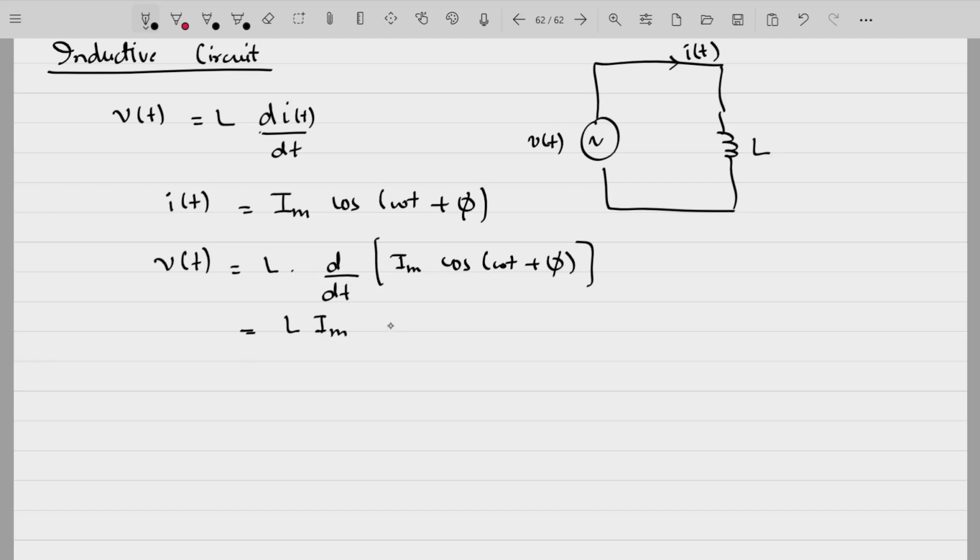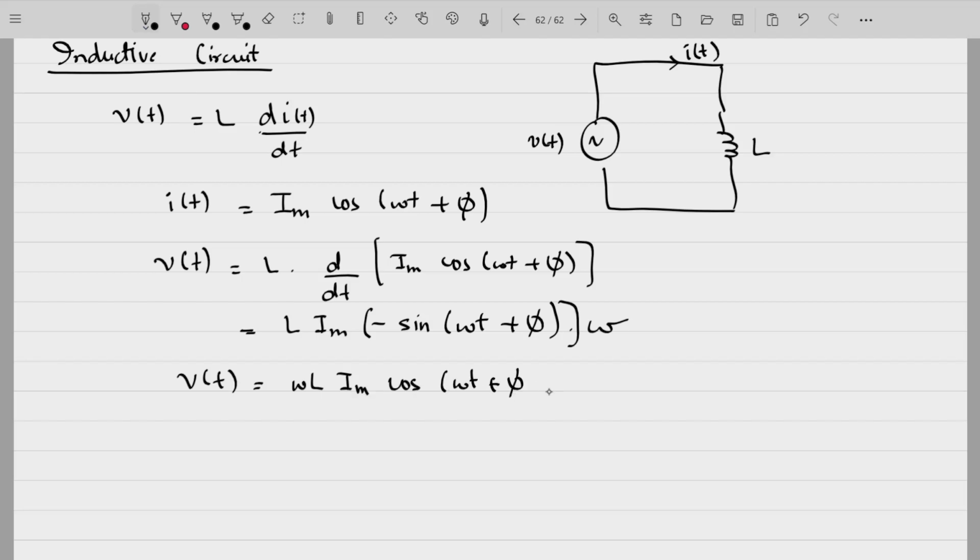Differentiation of cos of omega t plus phi is minus sine of omega t plus phi, into the internal differentiation, that is omega in this case. So v(t) is, this minus sign we will absorb inside the sine, therefore it will be equal to omega L Im cos of omega t plus phi plus 90 degrees.